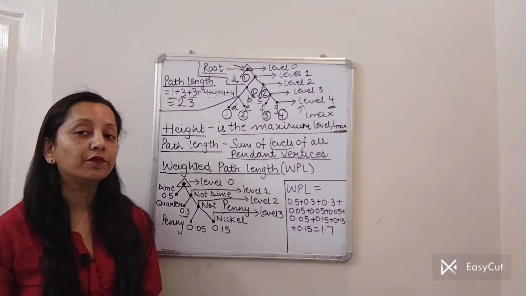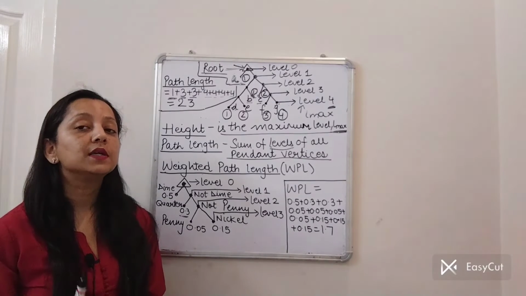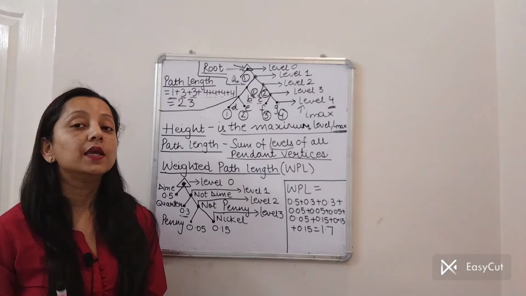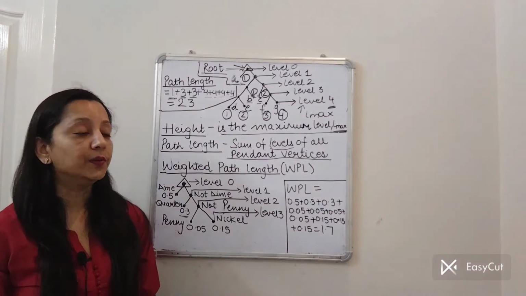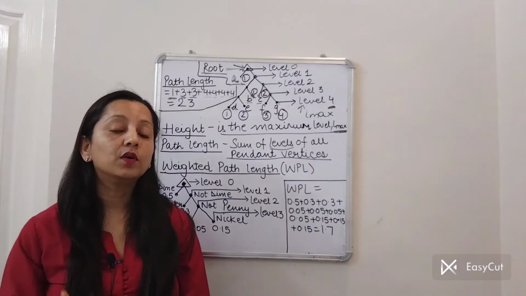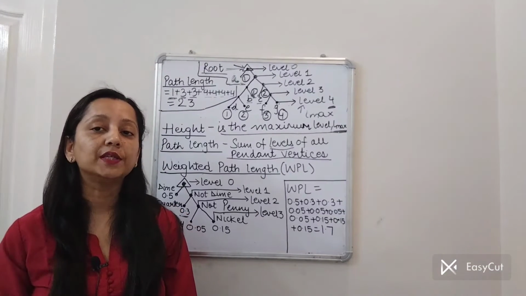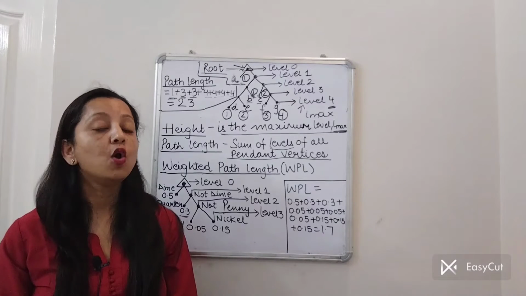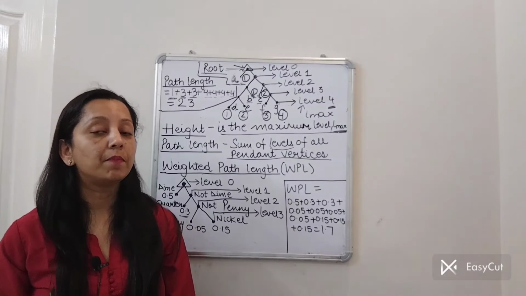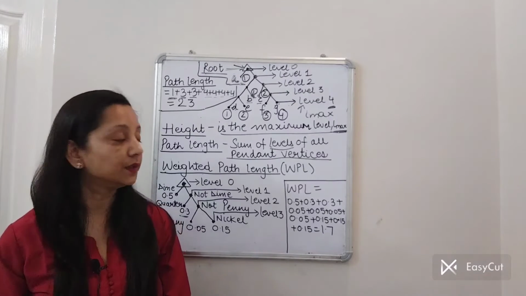That is called the weight of the vertex. And such a binary tree in which there are numbers associated with the vertices is known as a weighted binary tree. So when I talk of a weighted path length, it is quite obvious that the weighted path length will be calculated only for a weighted binary tree, right?